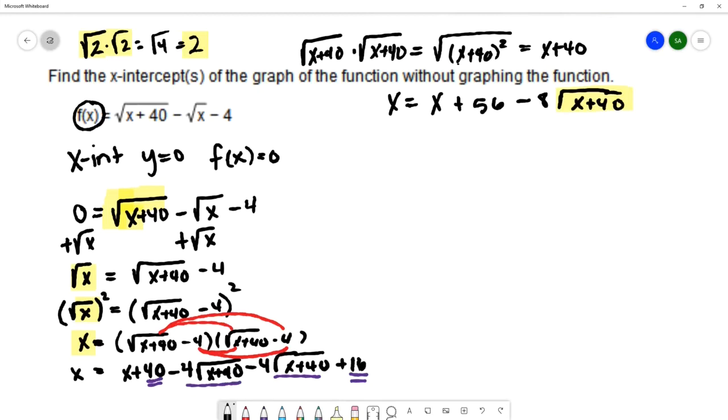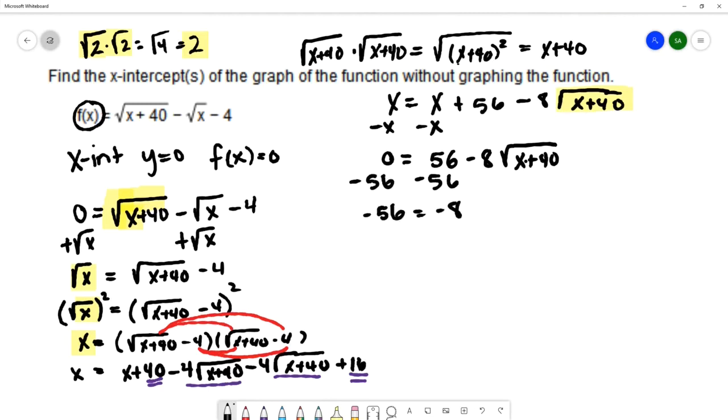So I'm going to start isolating by subtracting x on both sides, and that gives me 0 on the left. I'll subtract 56. Negative 56 equals negative 8 square root of x plus 40.